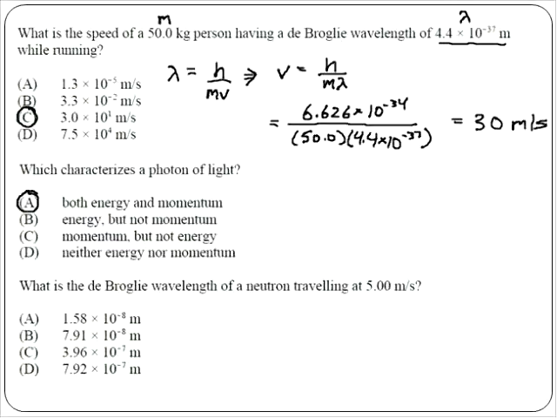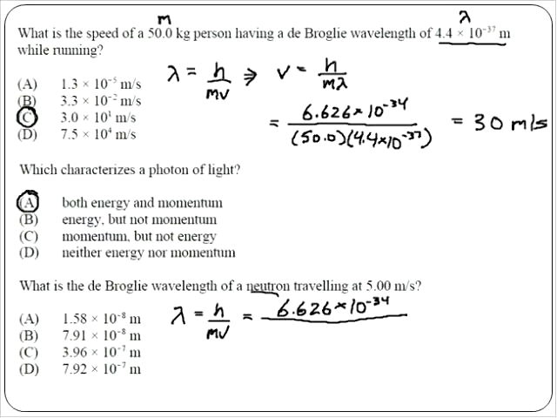De Broglie wavelength of a neutron. So we use this equation again, h over m times v, and the h is the same constant that we've used, Planck's constant, which is on the data sheet, by the way. Now, we're not given a mass, but it does say it's a neutron.